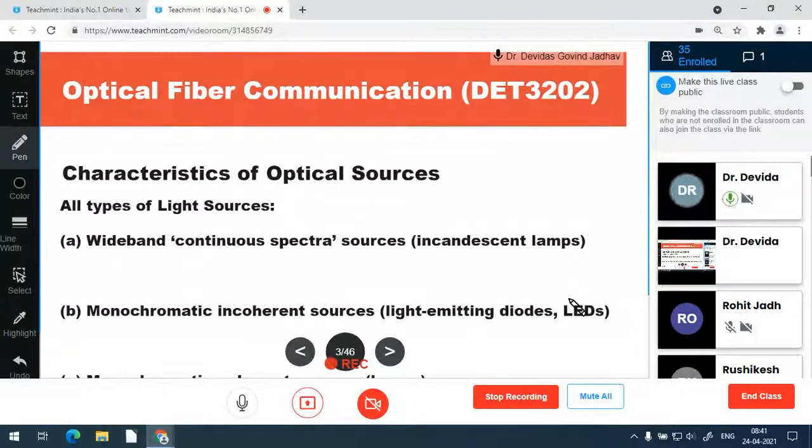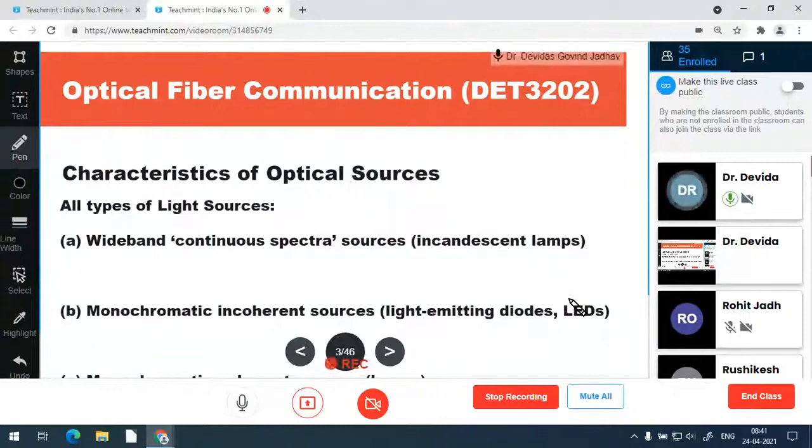So all the visible wavelengths are present in the sunbeam, which are separated using the prism. So all the visible spectrum is present in the white colored light.